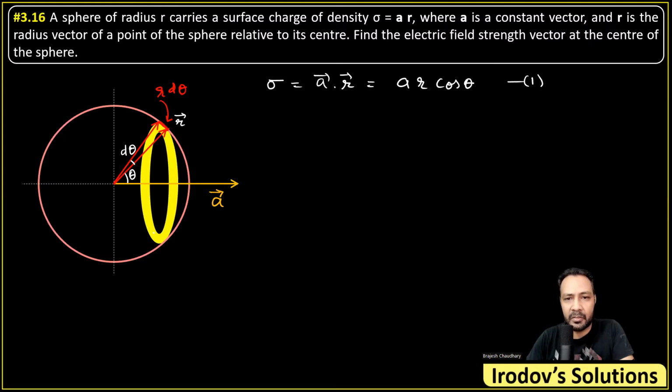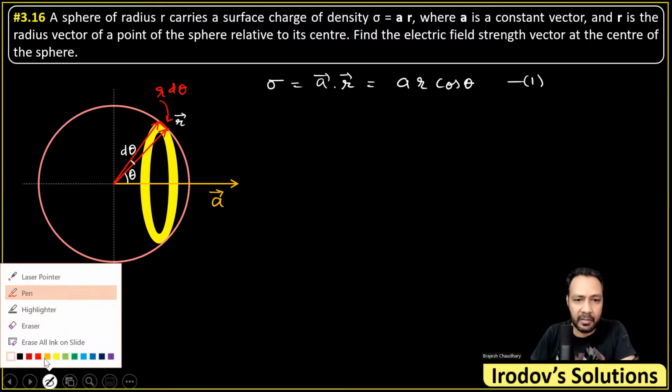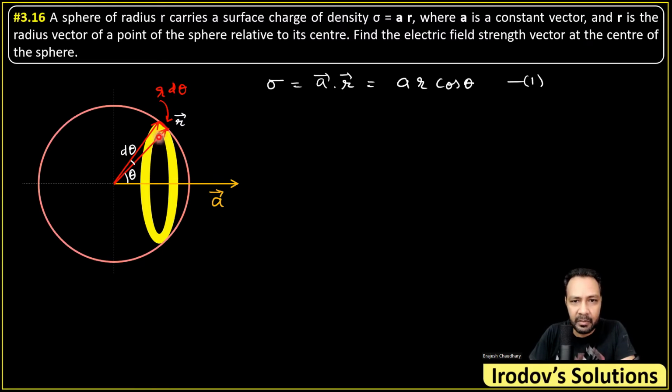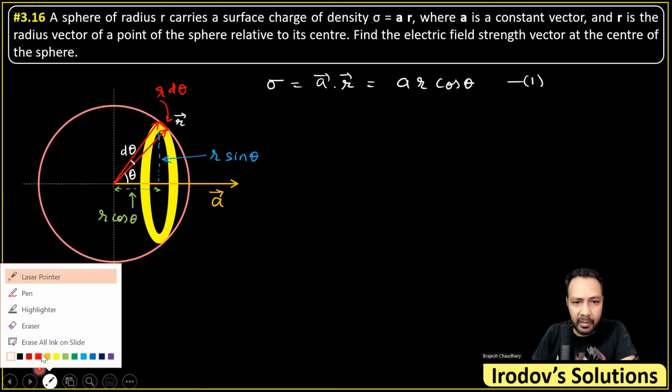So at all these points we will have the same sigma. The radius of this ribbon would be r sine theta, and the distance from the center to the plane of the ribbon will be r cos theta.